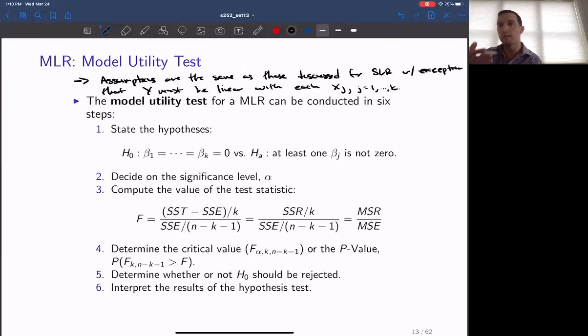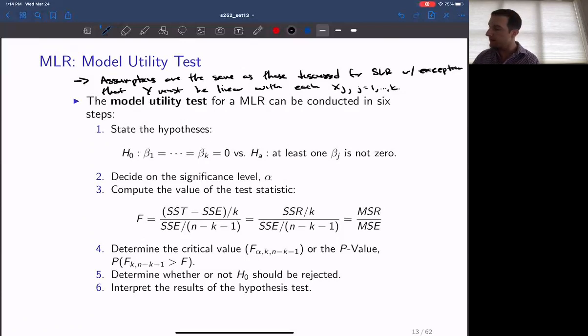So we would build an ANOVA table for the fitted regression model, and then use that ANOVA table to find our F statistic. Then we have an F value on k and n minus k minus 1 degrees of freedom. So basically an F value on DF regression and DF error at whatever significance level is stated. So we can take a critical value approach or a p-value approach.